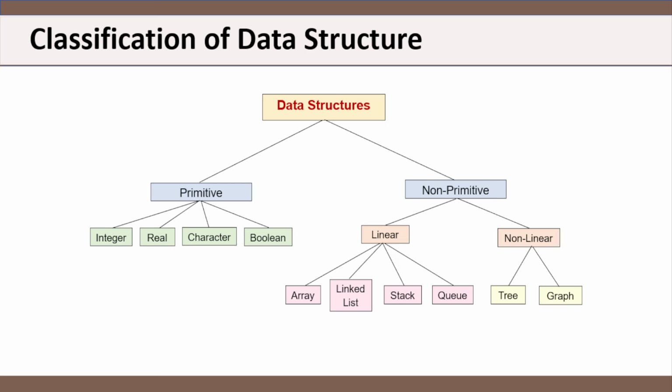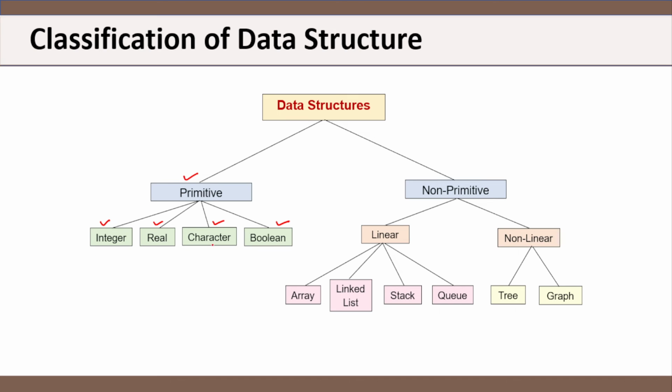Now, let's classify data structures. So, data structures are classified as primitive data structures and non-primitive data structures. Primitive data structures are typically the data types that are available in various programming languages. Say for example, integer, real, character, boolean. These are the data types that are available in various languages.